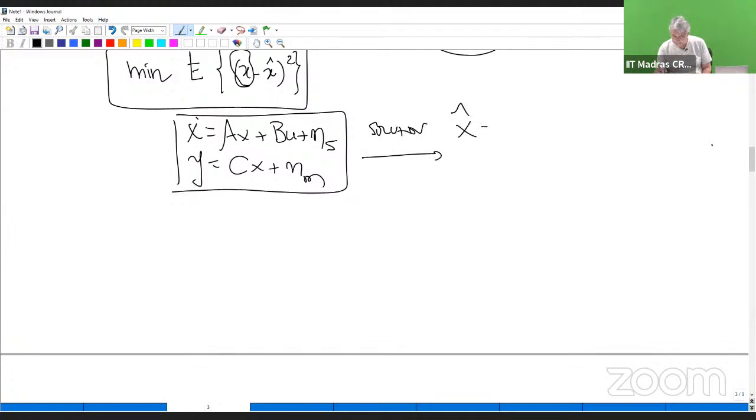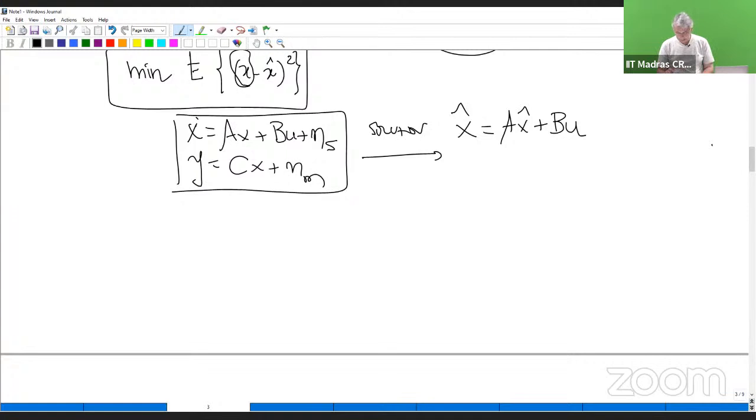The estimate, what you do is the following. You start by copying your model, Ax plus Bu, you see? So this is your model, and instead of x, you have x hat. You start by copying this.